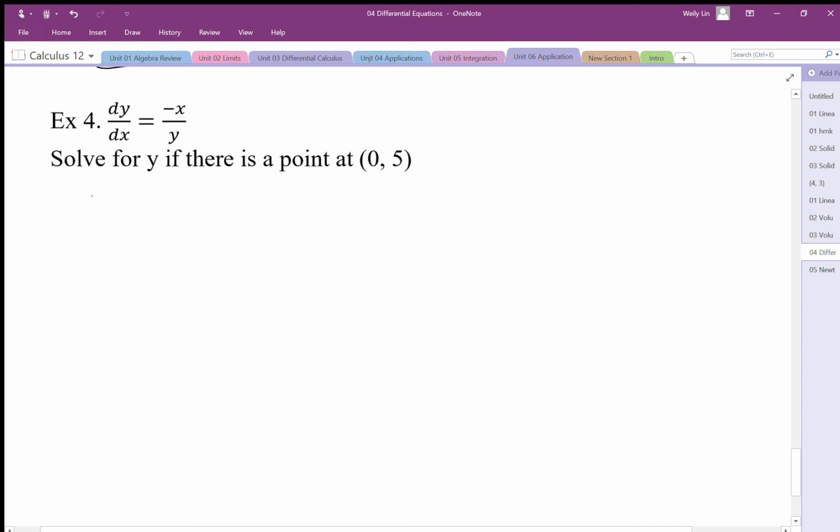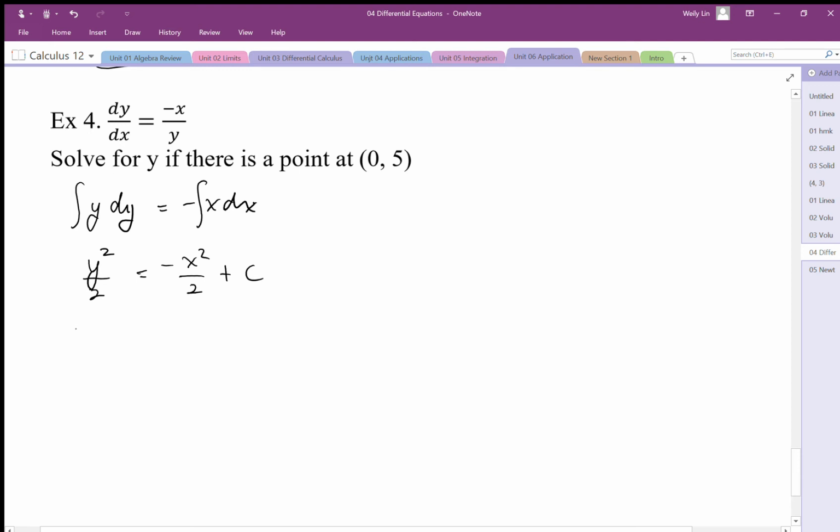So I'm going to separate, and then integrate this. I end up with y squared over 2 equals negative x squared over 2 plus c.